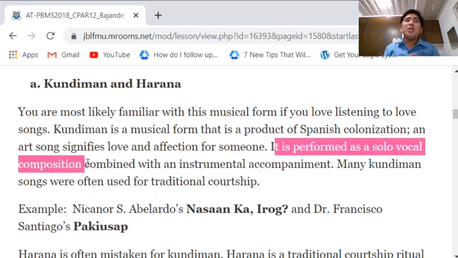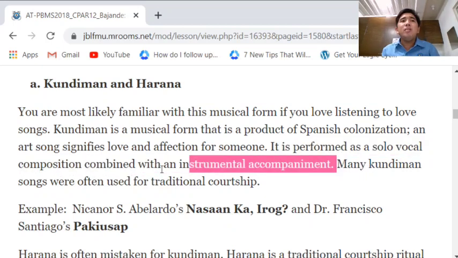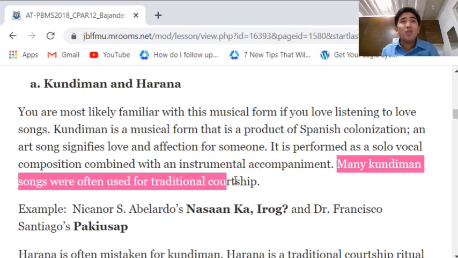Usually, class, it is a love song, to express your love and affection for someone. And usually, only one person performs, so that's why it's solo, combined with an instrumental accompaniment. Many kundiman songs were often used for traditional courtship.